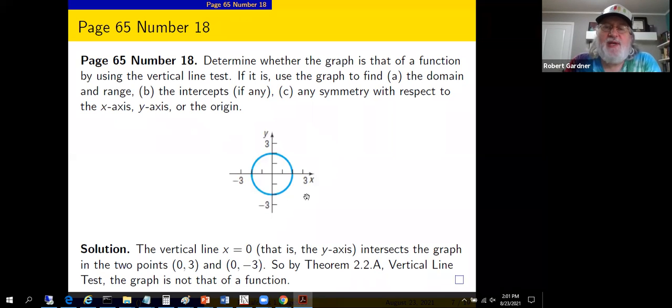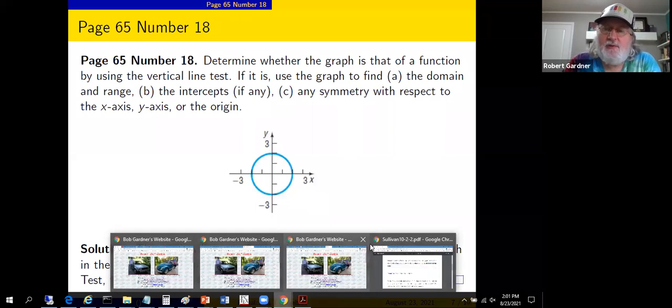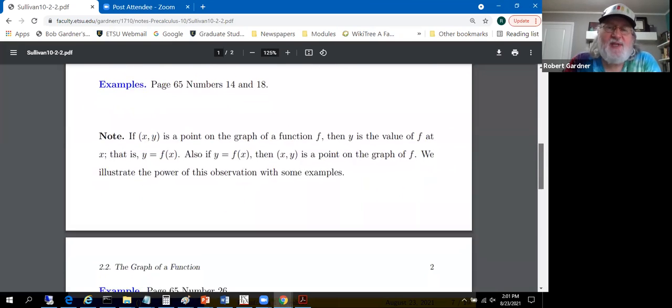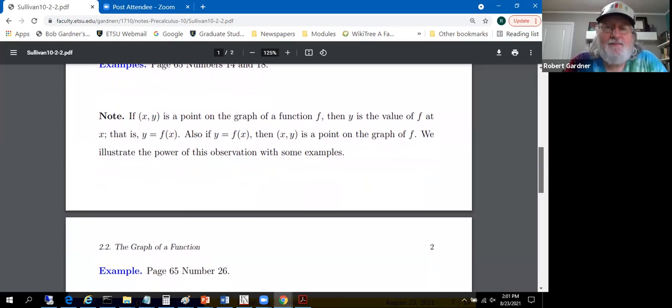So there's how to take a graph and determine domains and ranges and intercepts and symmetries. We're more interested in creating graphs, at least in chapter 2, that's the ultimate goal. Here they've given us graphs, and there's how graphs can be used to determine those things.